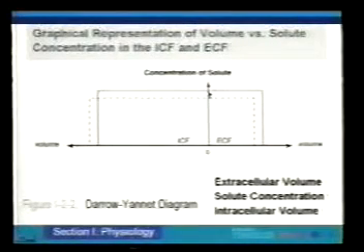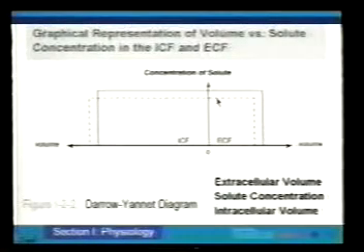Now because the y-axis is solute concentration, if the salt concentration of the extracellular compartment increases, the line shifts up the y-axis and would bisect the y-axis at a higher point. On the other hand, as shown in this figure here, if the extracellular sodium chloride concentration goes down, the line would bisect the y-axis at a point closer to the origin.